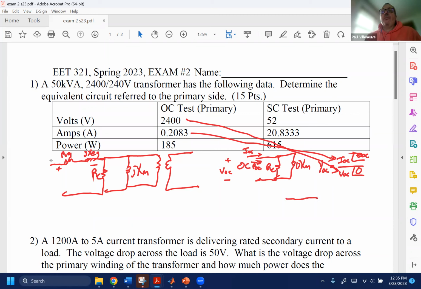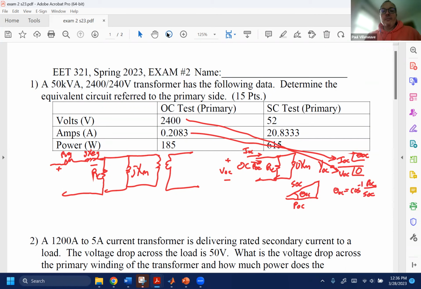The angle between P and S is the impedance angle, but that's also the angle between V and I. So this is my open circuit power, and this is my open circuit S. This is theta open circuit. So theta open circuit is equal to the inverse cosine of P open circuit over S open circuit. Once I have that, I can substitute that into my values here.